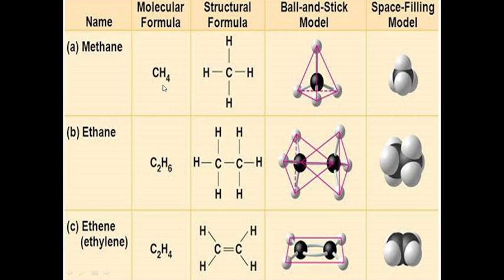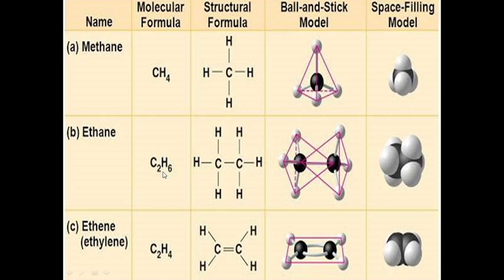We have the methane. In the ball and stick, the central one is the carbon, and we have 4 hydrogen here. In space filling, the central part is the carbon, and here is the hydrogen.